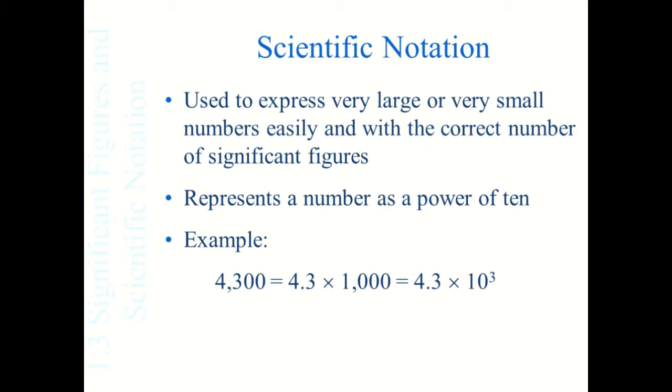I start with a number, and I want to simplify it because it's a big number, so I want to make it more simple to work with. So what I do is I put a decimal right after the first digit in the number. In this case, that's 4. So I'm going to put a decimal right after 4. 4 point.